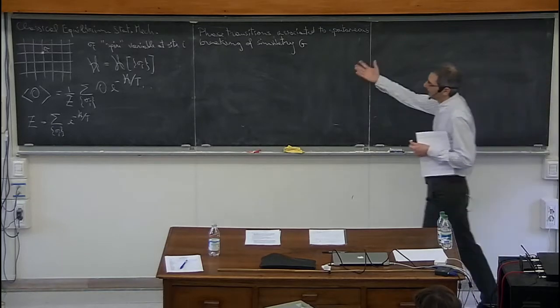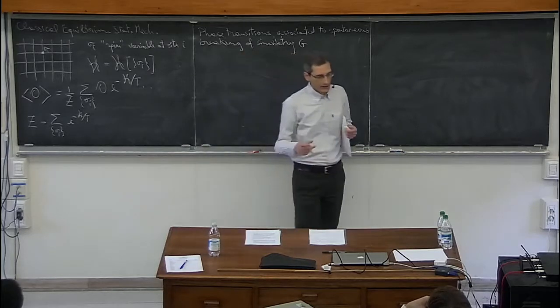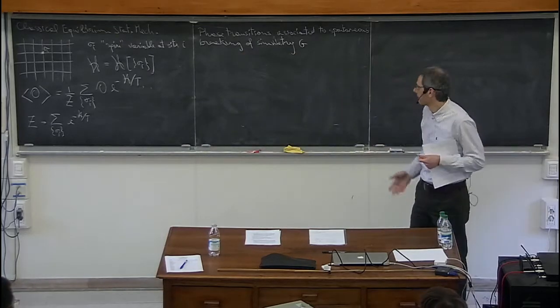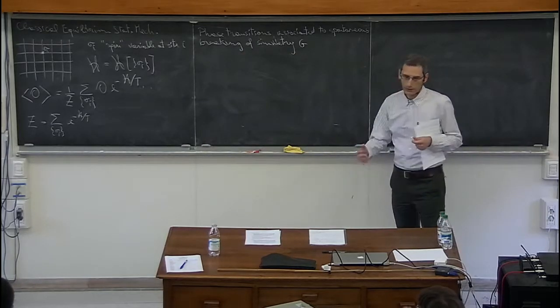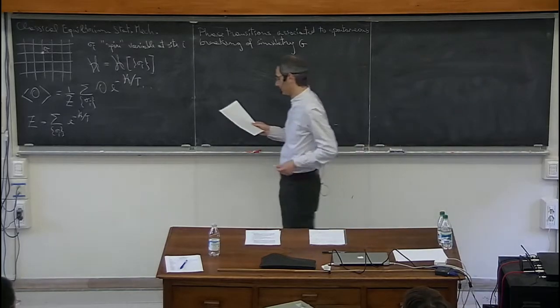Now, in presence of a symmetry, normally there are several of such ground states. So at some point, the system chooses one of these. And this is called the spontaneous breaking of the symmetry.